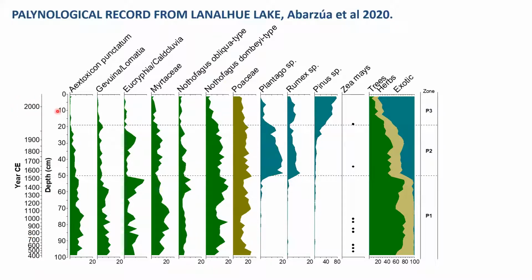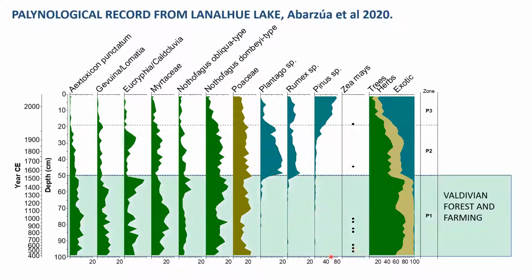This chronology is based on lead, cesium, and radiocarbon ages. Three main pollen zones are clear along the record. The first one is characterized by the Valdivian forest, like Aextoxicon, Eucryphia, and Nothofagus species. Traces of sea maize and Poaceae can be associated with the pre-Hispanic agriculture by local indigenous people.